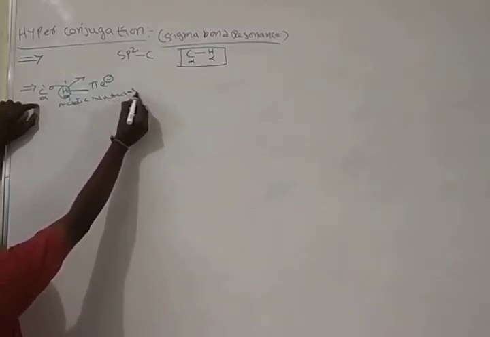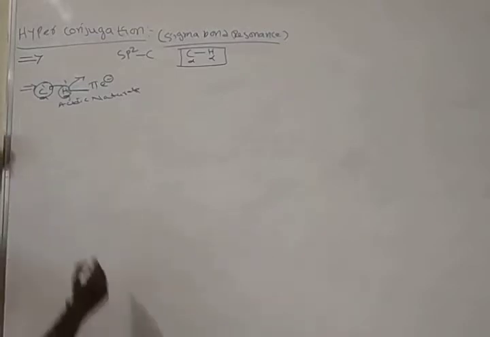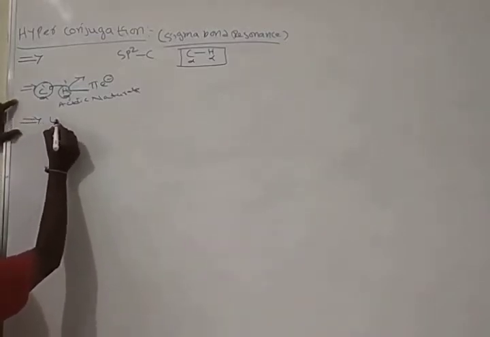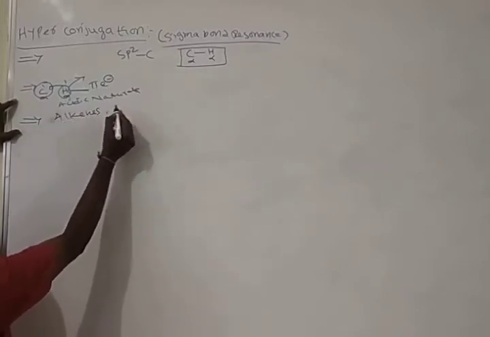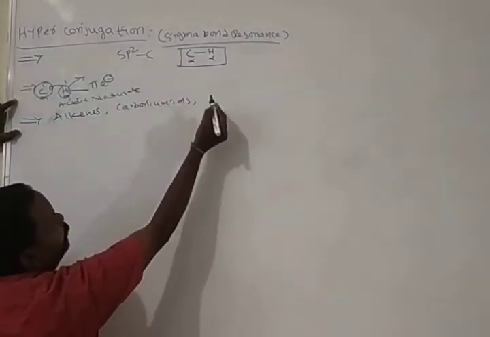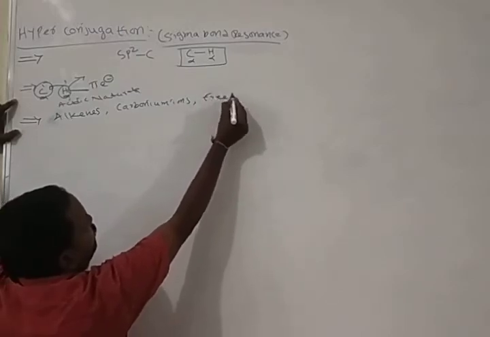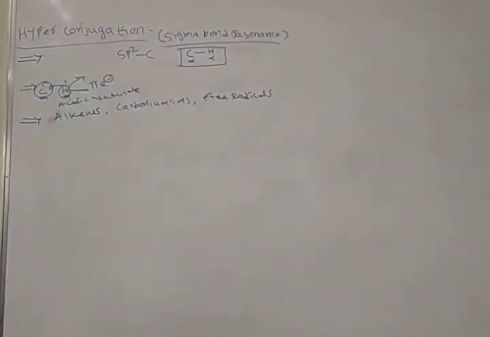Due to the acidic nature, or more electronegativity, of the alpha carbon or alpha hydrogen, we observe hyperconjugation, or sigma bond resonance, in the molecule. Hyperconjugation is mainly observed in alkenes, carbonium ions, and free radicals.